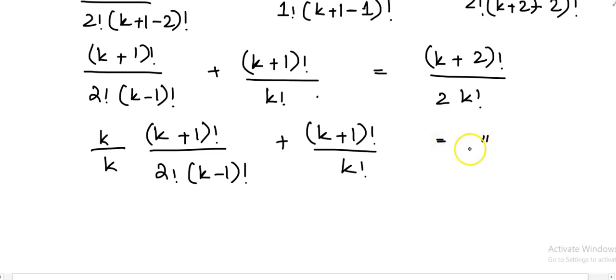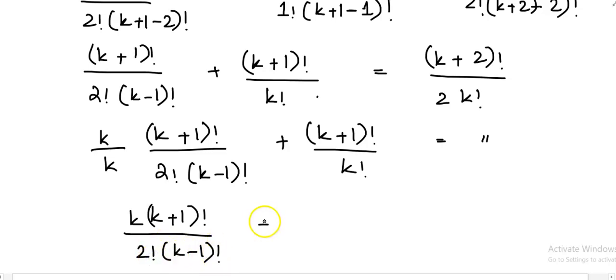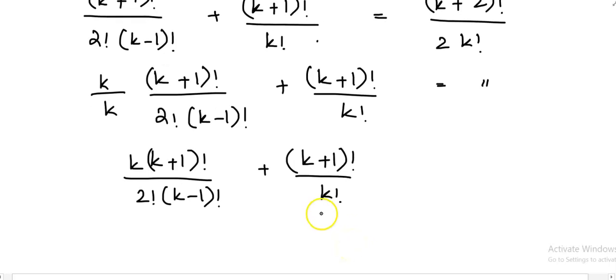Whereas I have already proved what my right side is going to look like. So this becomes k times k plus 1 factorial divided by 2 factorial into k minus 1 factorial, and then plus k plus 1 factorial divided by k factorial, right?